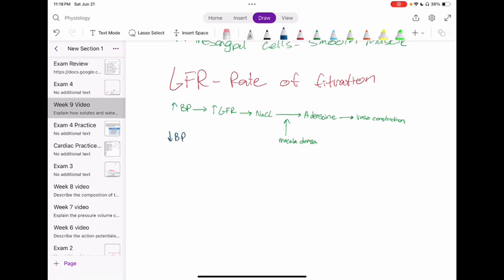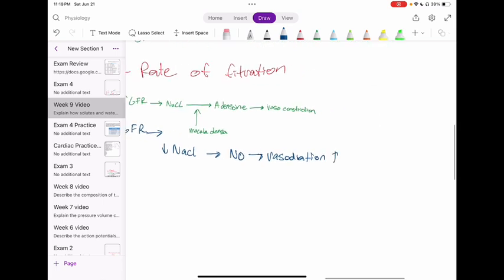As blood pressure is down, you have a lower GFR. Lower sodium chloride produces nitric oxide, causes vasodilation, helping us to increase our filtration rate.